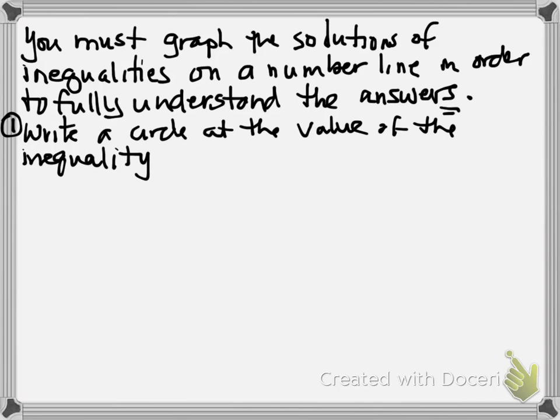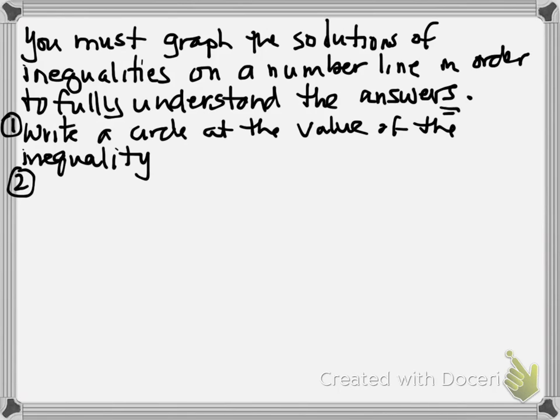That's kind of a key thing. And then the second key thing is you write a circle. Whatever you solve your inequality and get, ours was x is less than 5, so we have to put a circle at 5. Now, we're going to talk about what specific type of circle we get, depending on the inequality.